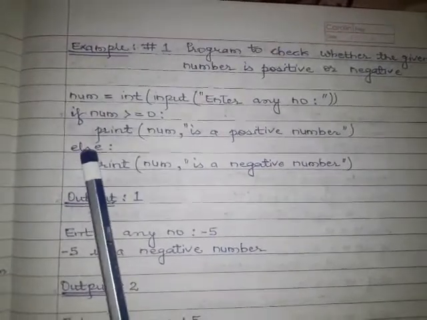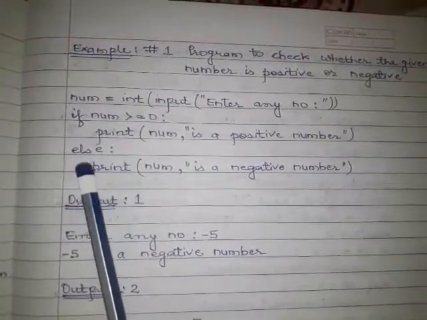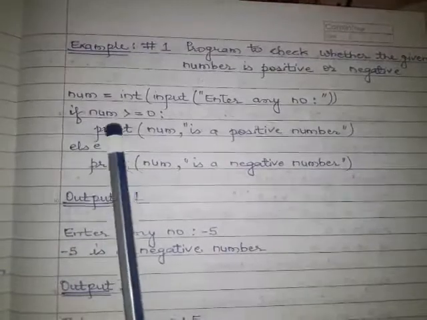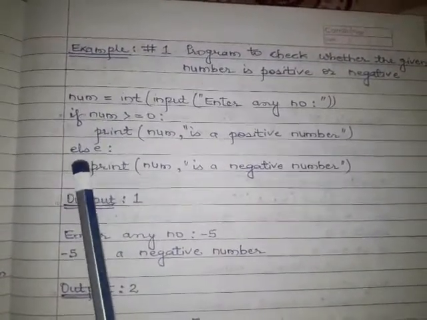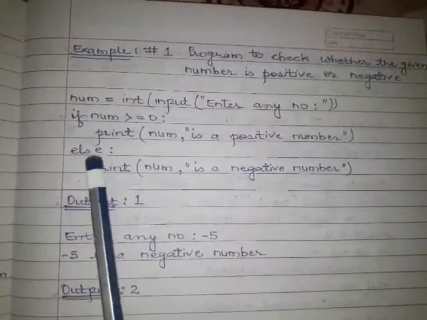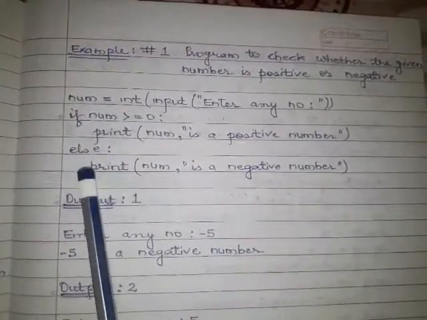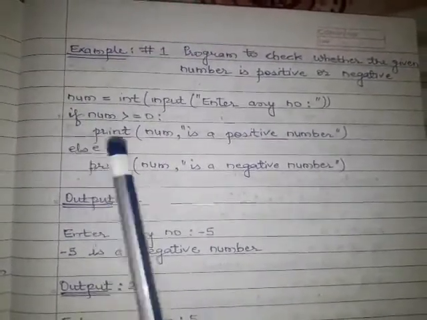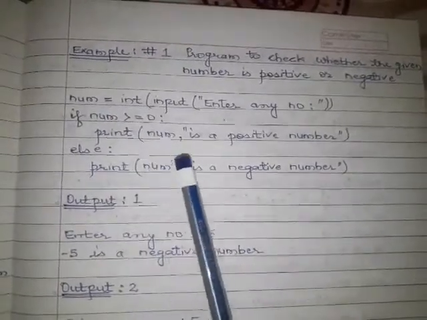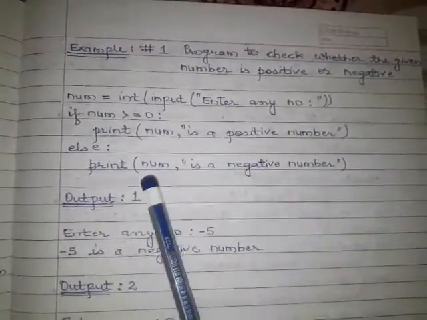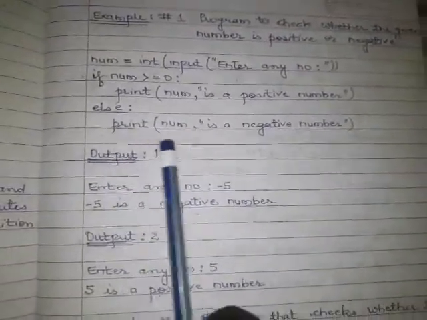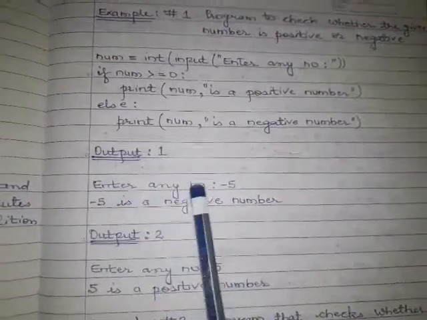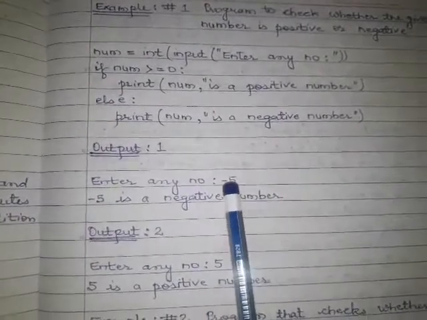So in the else block we have written with indentation. This statement is in the if block, this statement is in the else block, because they are written with indentation. Anything which you write with some indentation belongs to that block. Print number is a negative number. Whatever the value of the number is, it is a negative number. See the first output. Enter any number. I have given here -5.